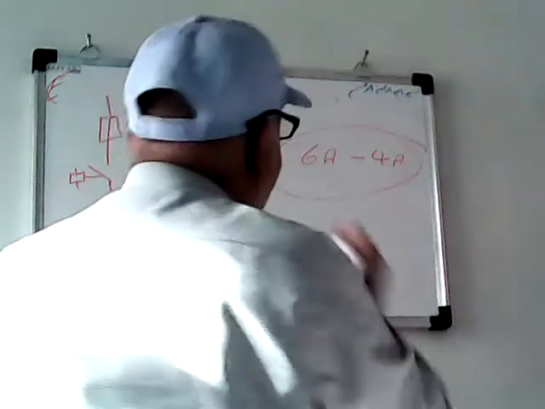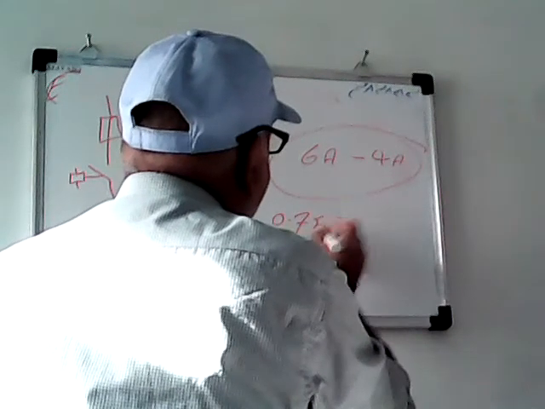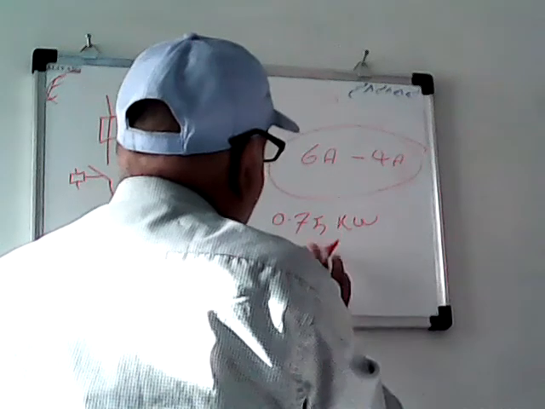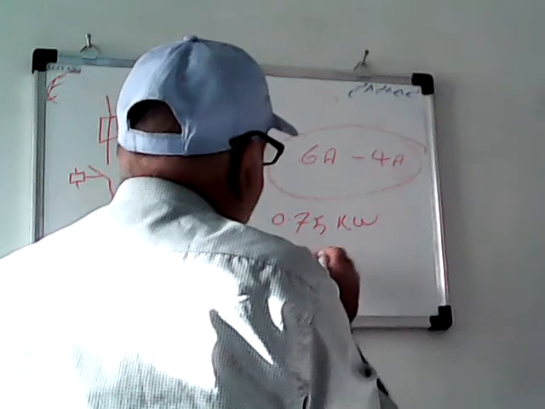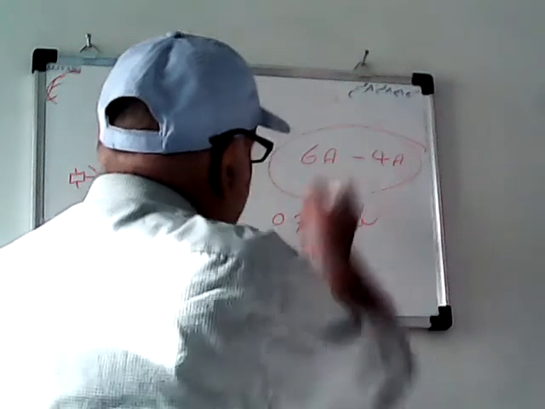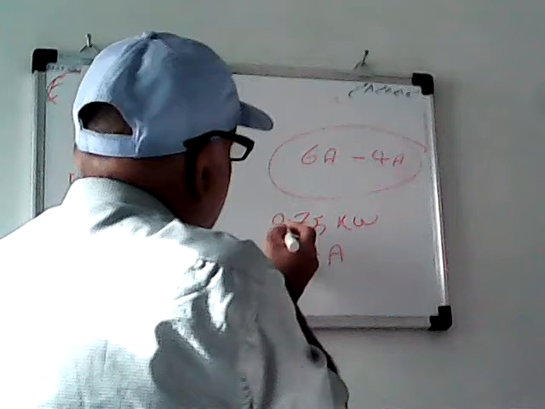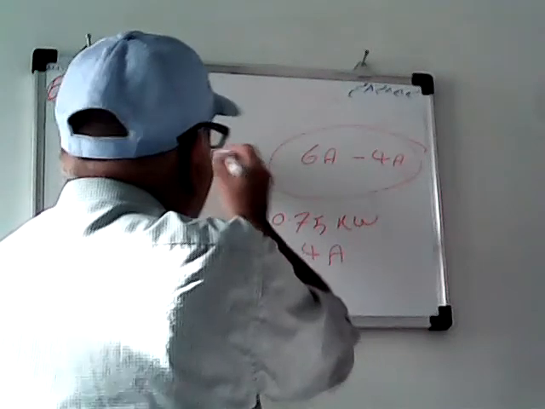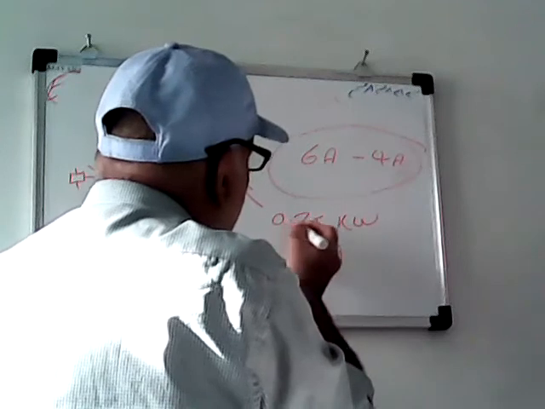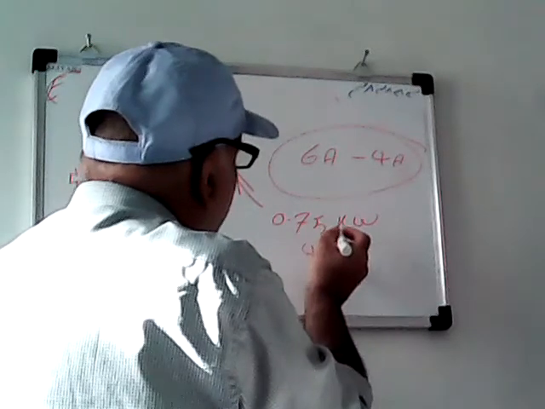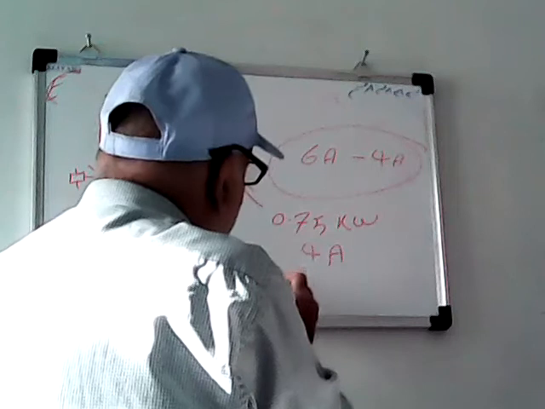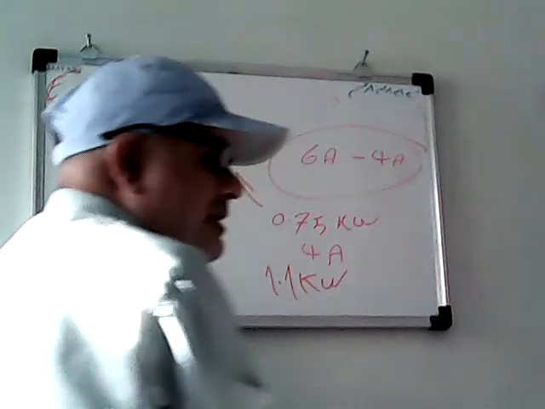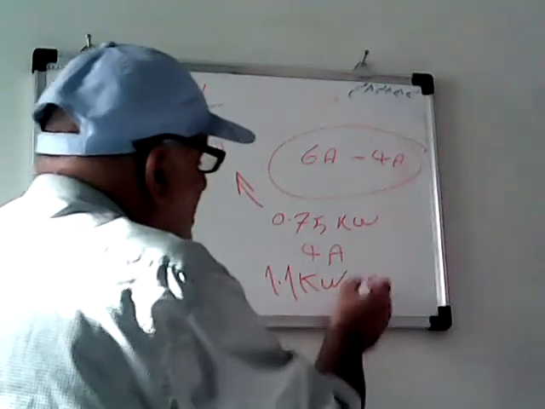For example, for 0.75 kilowatt, you use fuse 4 ampere. Less than this, you use 2 amperes. More than 0.75 or more than 1.1 kilowatt motors, you use 6 ampere.